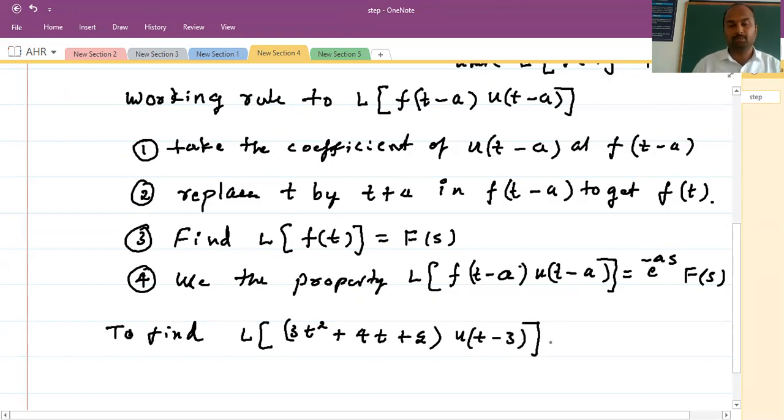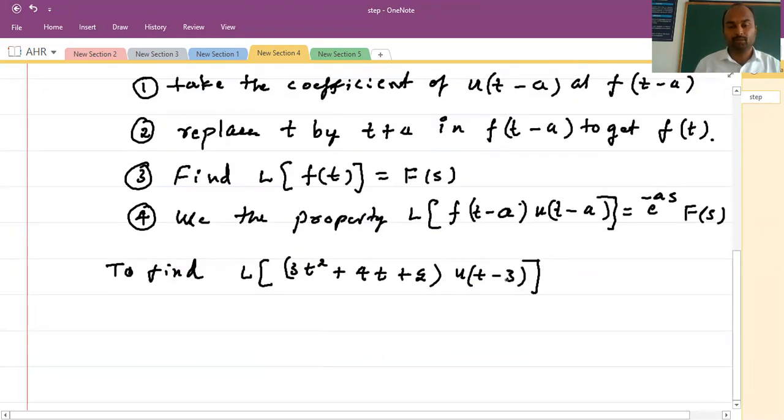What the first step says is that you have to take the coefficient of u of t minus 3 as f of t minus 3, that is 3t square plus 4t plus 5.